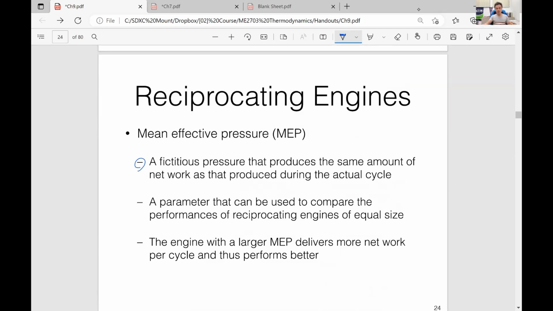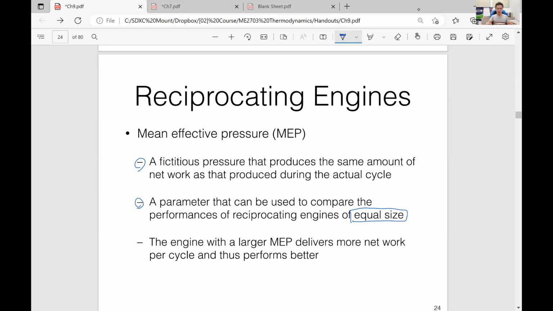MEP is a fake pressure that produces the same amount of net work as that produced during the actual cycle. MEP is a parameter that can be used to compare the performances of reciprocating engines of equal size. Equal size here means they have the same displacement volume.